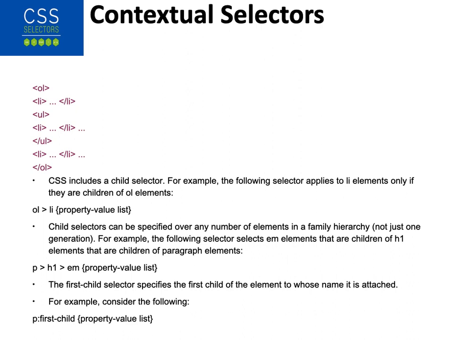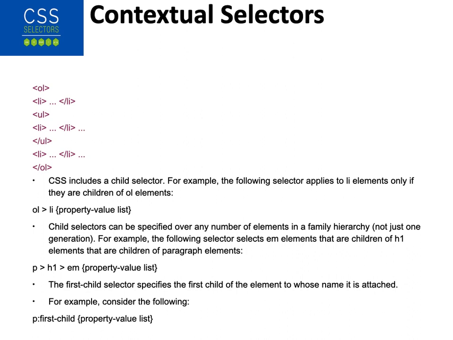Here OL is the parent and UL is the descendant. So suppose you are specifying a particular rule, like in the example, OL space LI property value list, then OL space UL property value list.